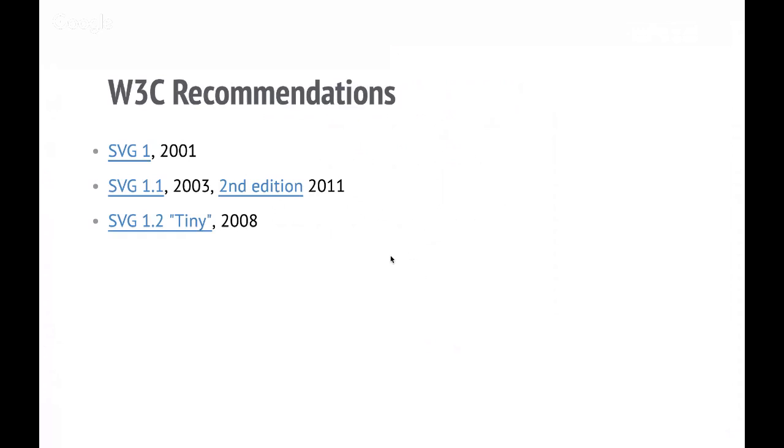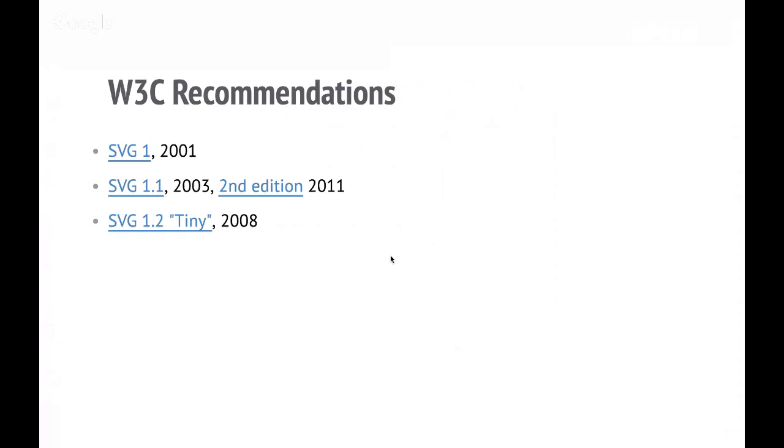So SVG has been around for about 20 years. The SVG1 recommendation at W3C was finished in 2001. A lot of that was implemented in 1997, 98 sort of area. The SVG 1.1 specification came along.